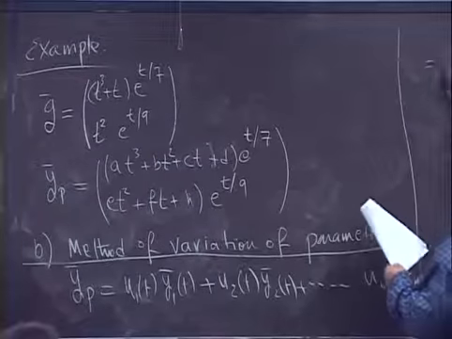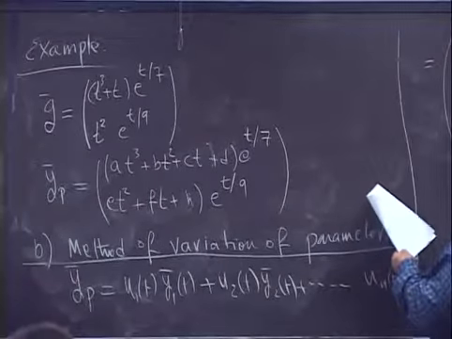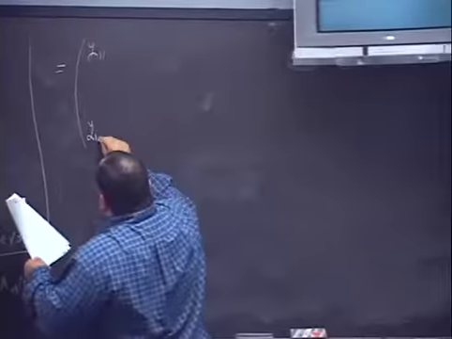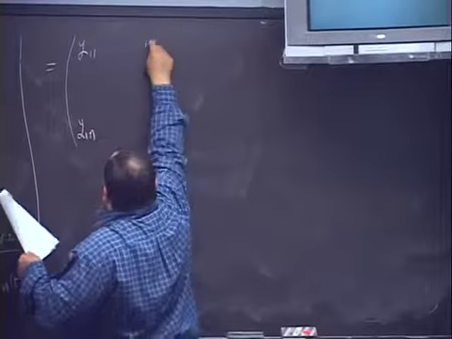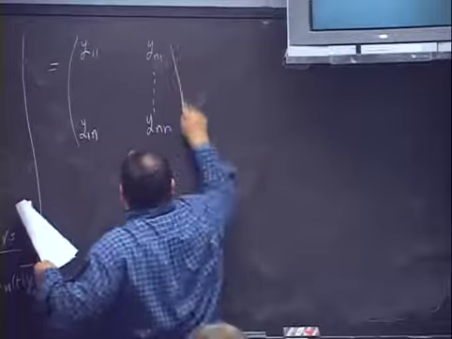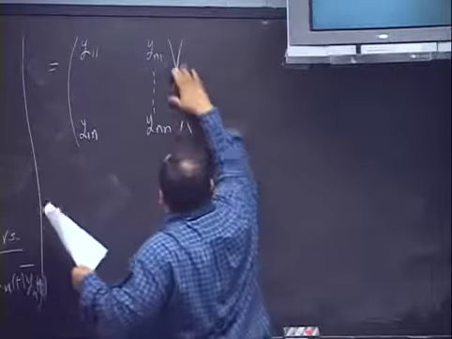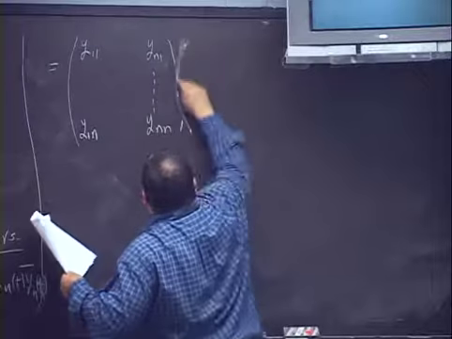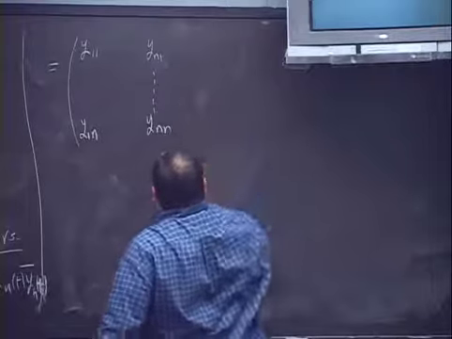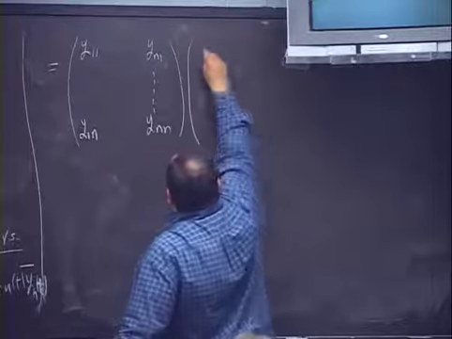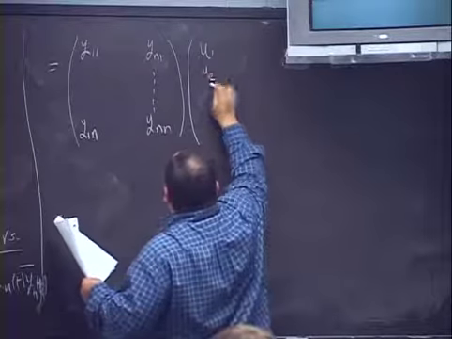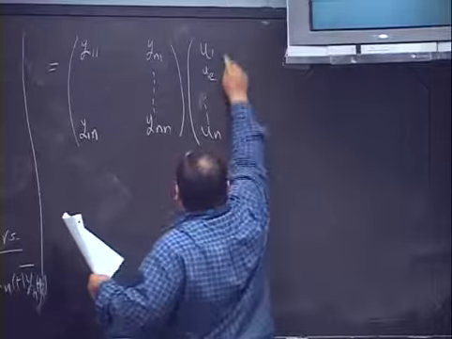So this will be equal to the matrix with y11 up to y1n, and yn1 up to ynn, and this will be multiplied by the column u1 of t, u2 of t, up to un of t.